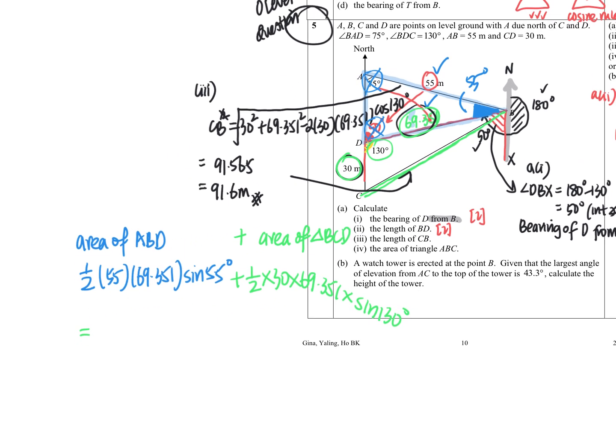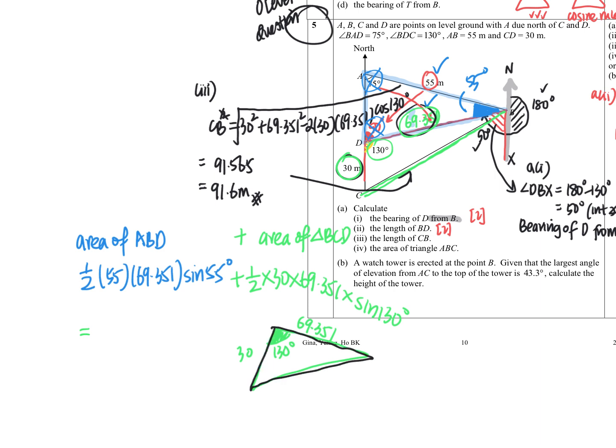You see this green triangle here? This one is 30. This one is 69.351. This is 130. No, you just use half AB sine C.